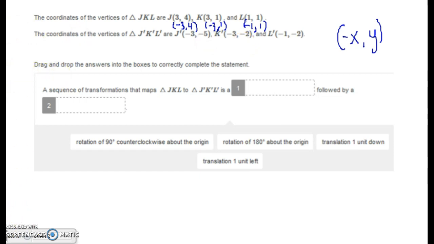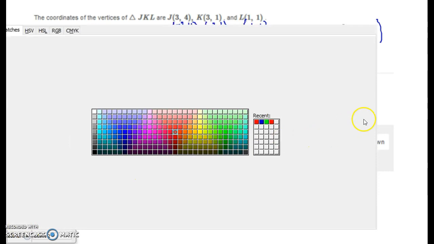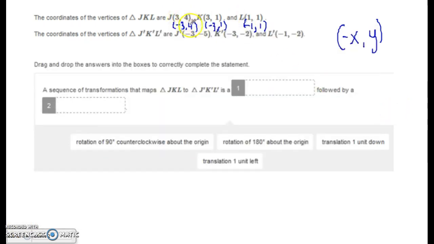So since that didn't work, I have to kind of reevaluate. And what I noticed is if this was a -4, that's really close to -5. And if this was a -1, that's only 1 away from -2. And if this was a -1, that's only, again, 1 away. So if you change the sign of x and y, that's actually a rotation of 180 degrees.